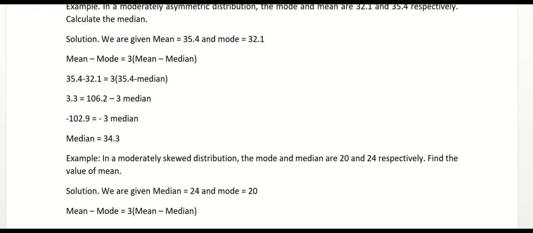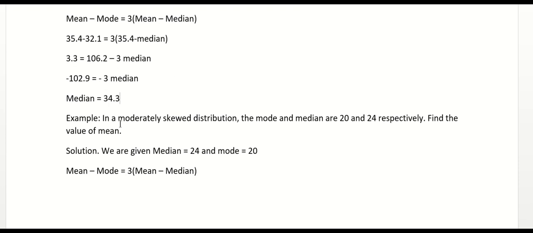Now similarly we have another question here. Again, this is a skewed distribution. Always remember, asymmetric data and skewed distribution are all the same thing, right? So this is a skewed distribution where mode and median are given to you and we have to find the value of mean. So again, I will apply the same formula.